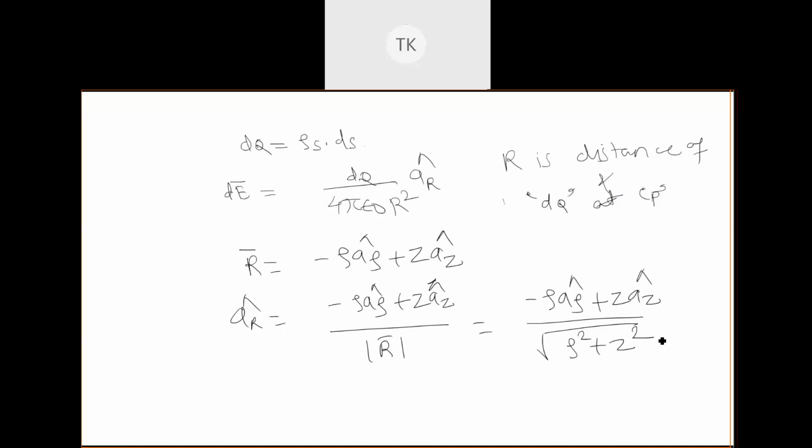So we'll calculate dE, and in dE we will place dq as rho s ds, ar cap equal to minus rho a rho plus z az cap divided by the magnitude of r, which is under root rho square plus z square. So the expression for the electric field intensity dE bar is dq divided by 4 pi epsilon 0 r square ar cap.